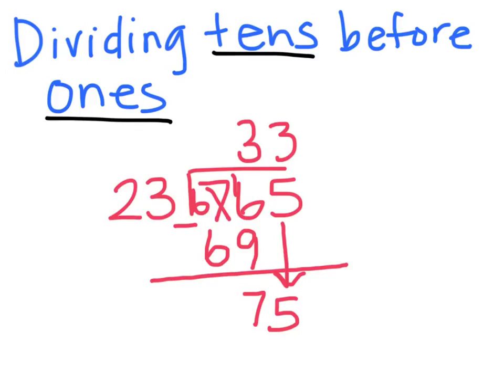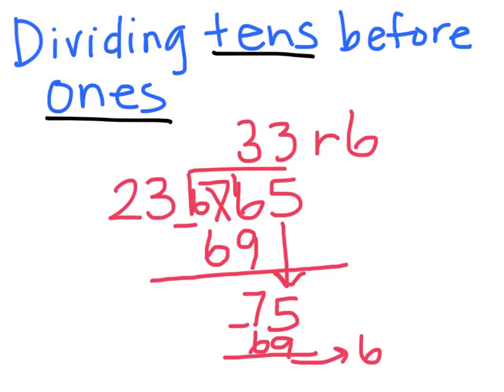We'll begin by taking 3 times 3 to get an answer of 9 and 3 times 2 to get an answer of 6. 75 minus 69 will give us an answer of, sorry, we've run out of room here, but will give us an answer of 6. So our final answer for this division problem is 33, remainder 6.